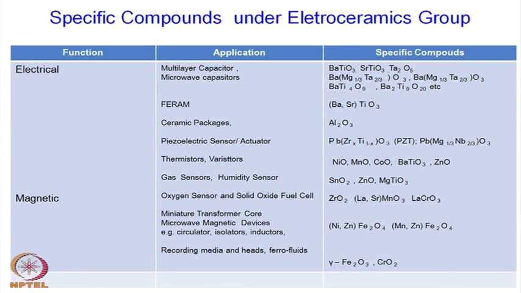You allow oxygen and fuel to combine electrochemically, and as a result you can generate some EMF. So, that can be used as a source of power, and this is one of the very important application areas for non-conventional energy sources, where hydrogen can be burned and you can generate power without polluting the environment.